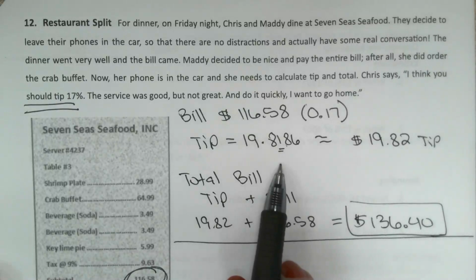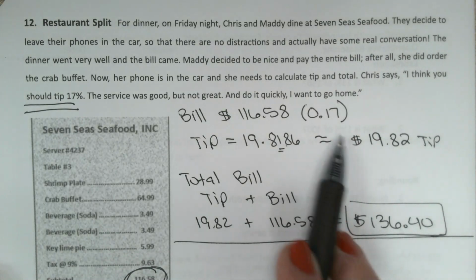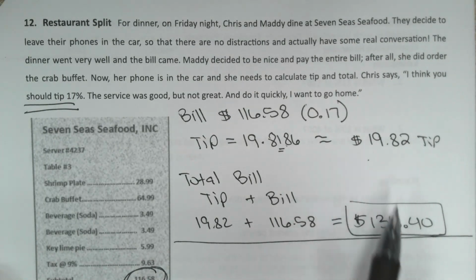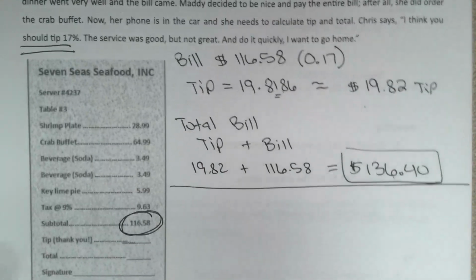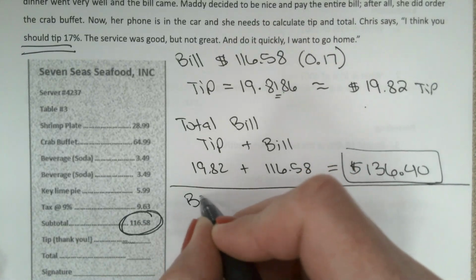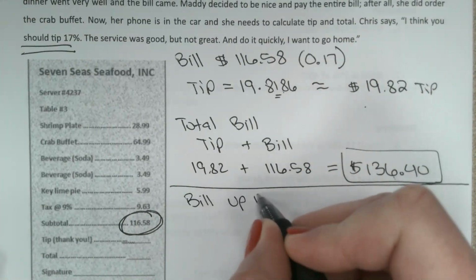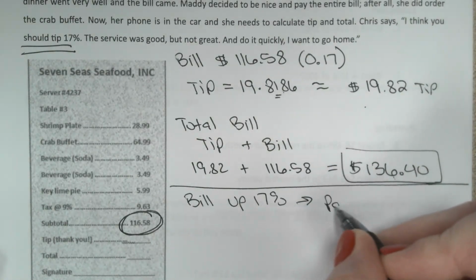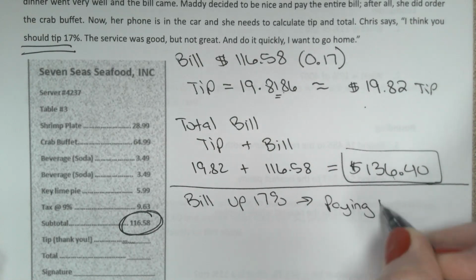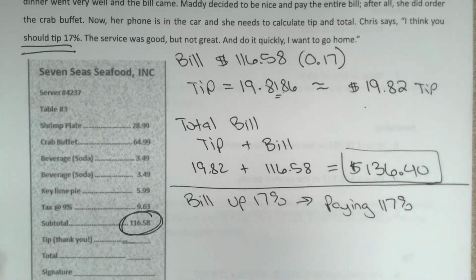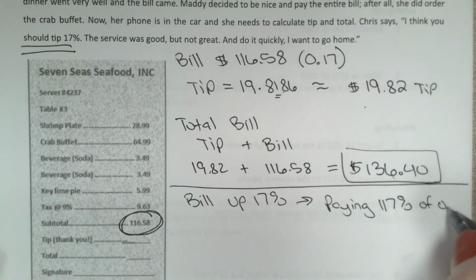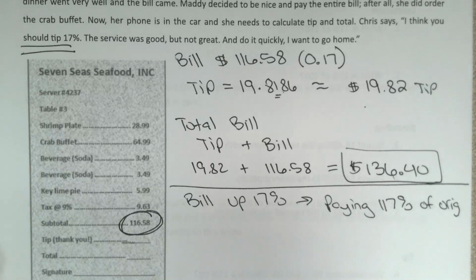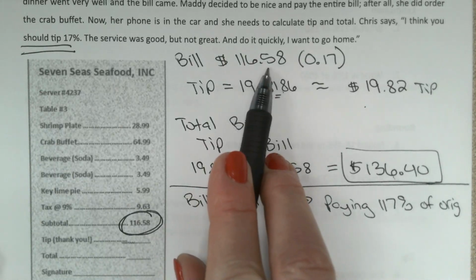All right, so when you tip, you have to pay the original bill plus however much you want to tip. So if you know that your bill is going to go up 17%, that would be the same thing as paying 117% of your original amount, or this $116.58.